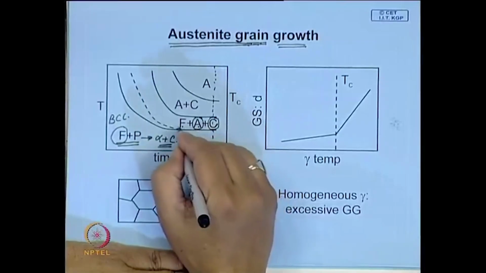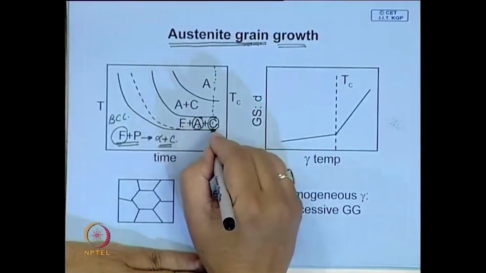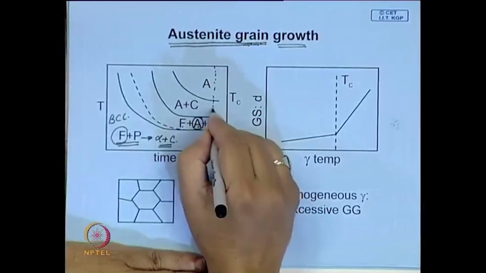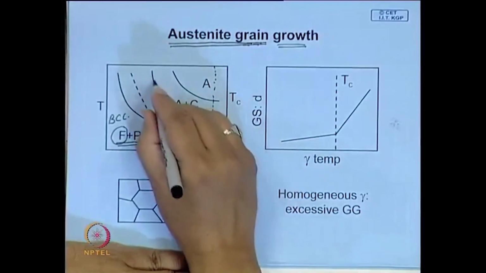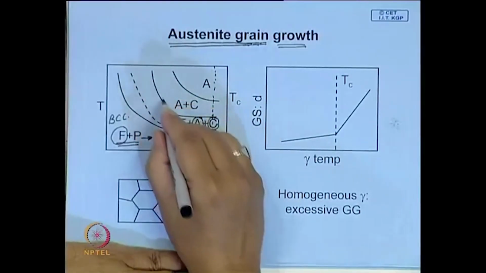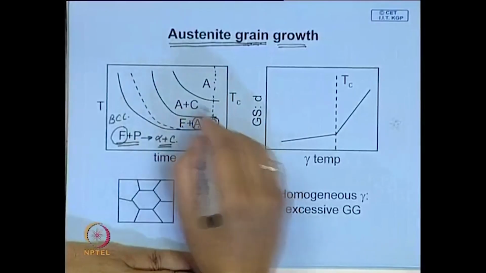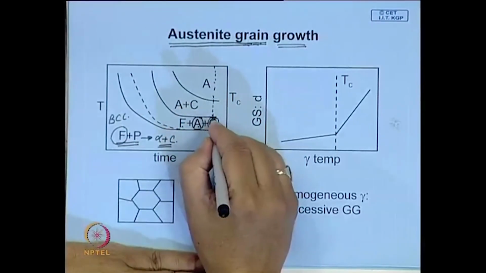As you increase the temperature, the amount of ferrite goes on decreasing, and over here you will have all austenite. This is the line which represents the time-temperature condition where ferrite disappears.